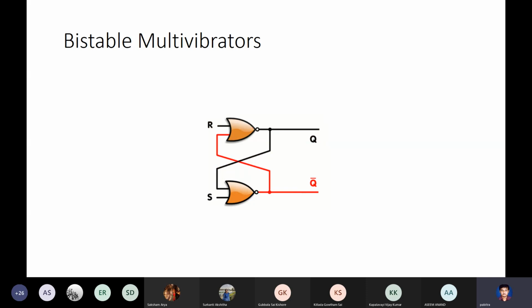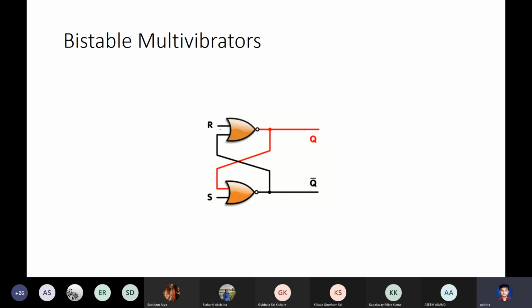So when R is 1, the output is anyway 0. So this becomes 0, irrespective of what this other input is. If the output is 0, and since this is also a NOR gate, the output will be 1. No, the output will depend on S.